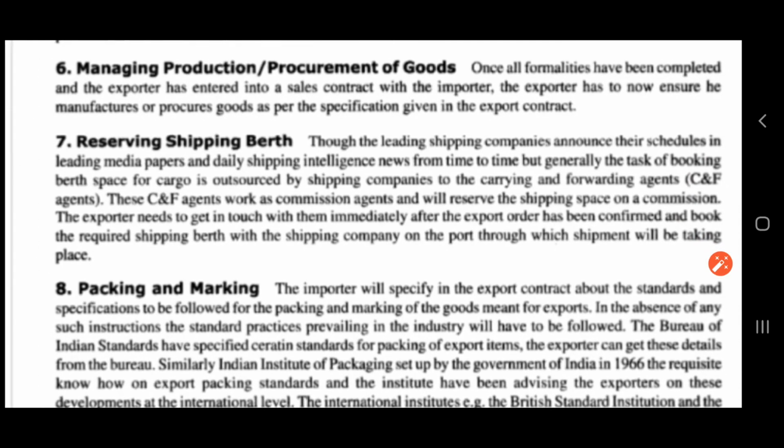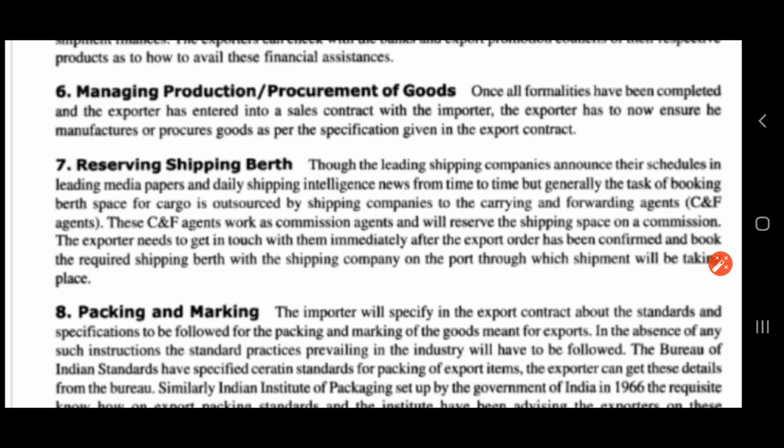And reserving shipping berth is the further step. The leading shipping companies announce their schedules, usually in leading media papers.